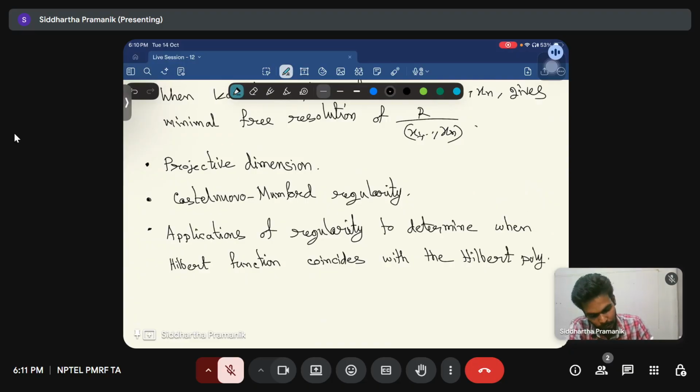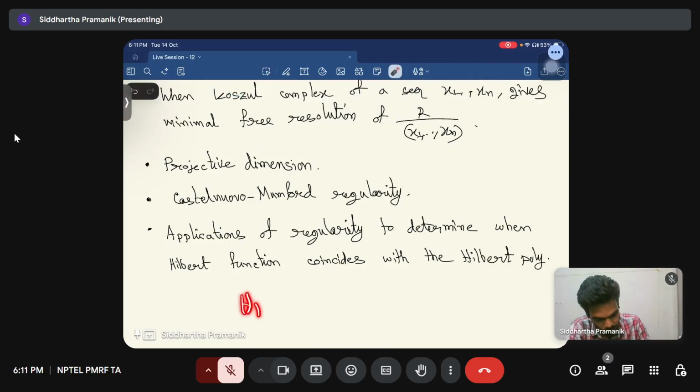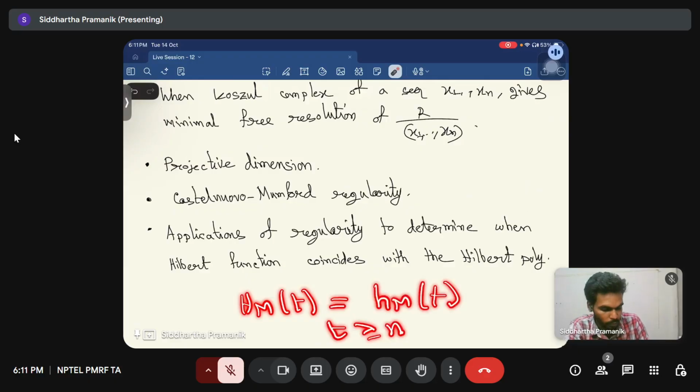So, suppose we have this Hilbert function and we have this Hilbert polynomial. Suppose they coincide for all t greater than or equal to n, with n the least possible such number. That is actually known as the postulation number. From regularity we can give an upper bound for this postulation number.